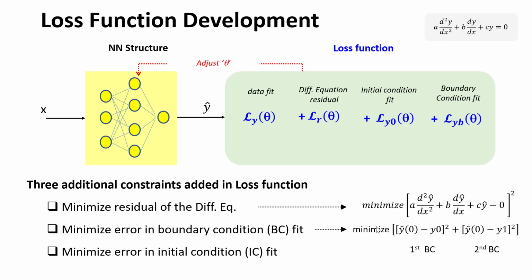The second term consists of the boundary condition fit, in which (y hat 0 minus y naught) square plus (y hat 0 minus y1) square is minimized. Minimizing the error in the initial condition is not needed, as we don't have an initial condition for this. This is a boundary value problem itself.